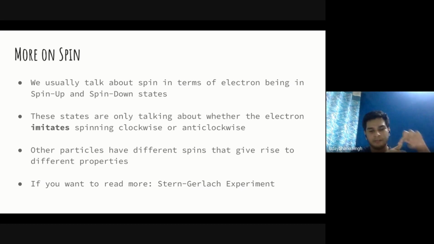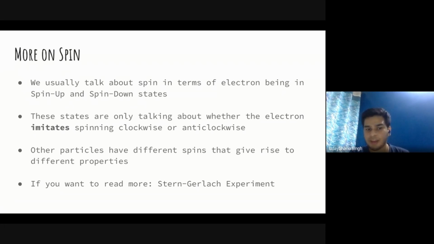If it's going upwards, it's going anti-clockwise, and if it's going downwards, it's going clockwise. Again, the electron isn't actually spinning, but it is generating a magnetic field that's going in a particular direction.